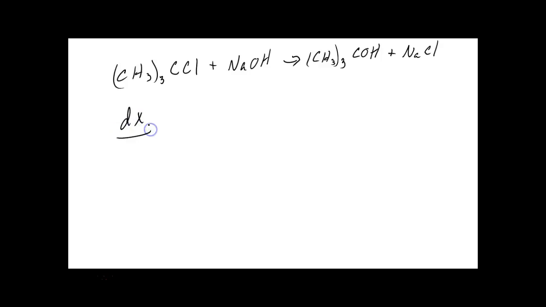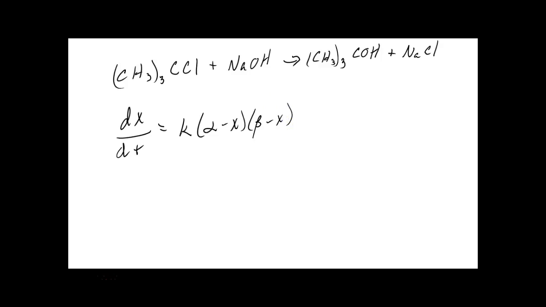dx, where X is the amount of a chemical substance, like that T-butyl chloride or whatever. dx/dt is the rate at which that is changing, and in this case it would be decreasing because it's changing to something else. So that would be a K, which is a negative K, times alpha minus X times beta minus X. Now, what are the alphas and betas?